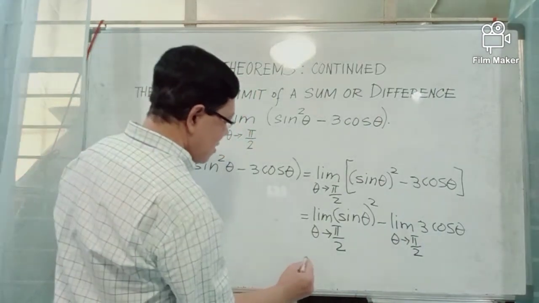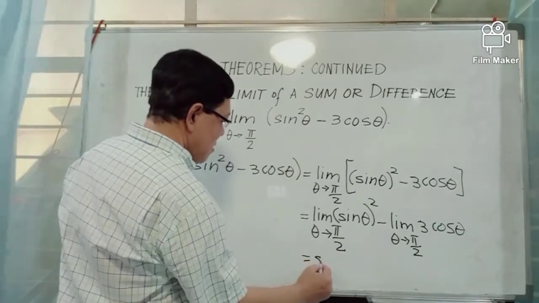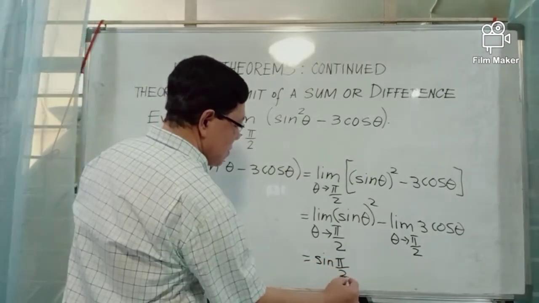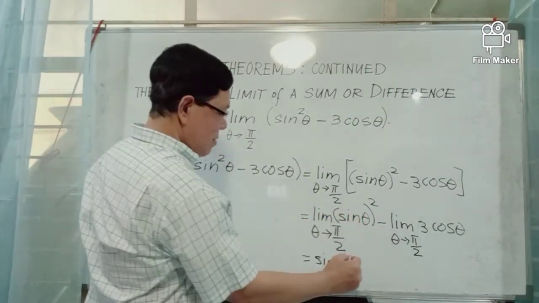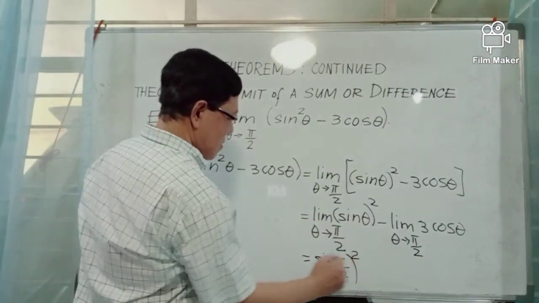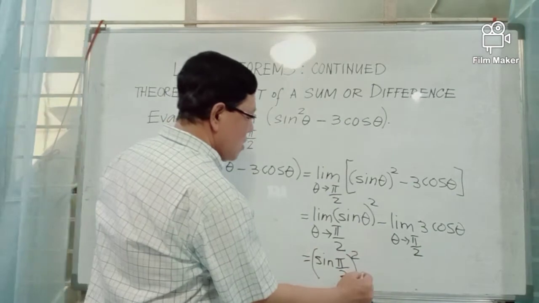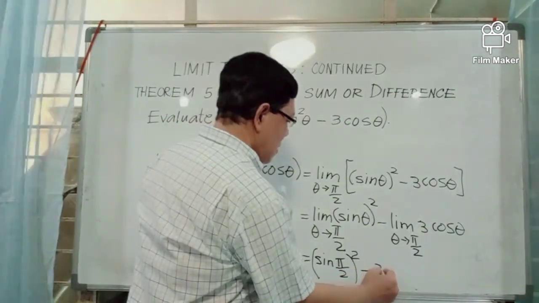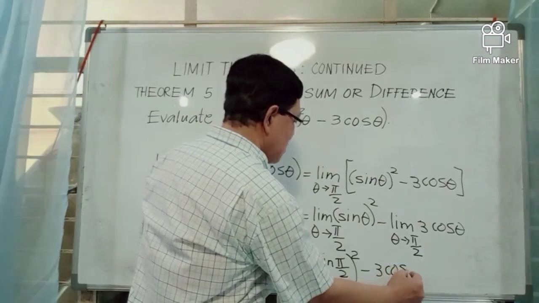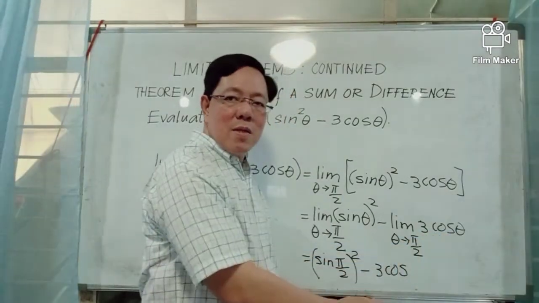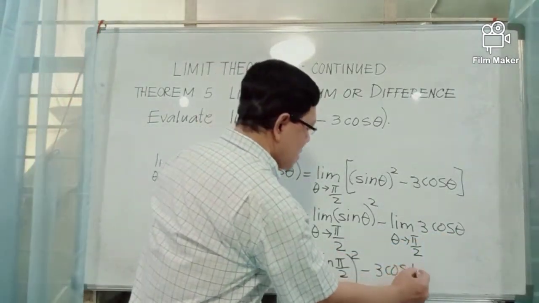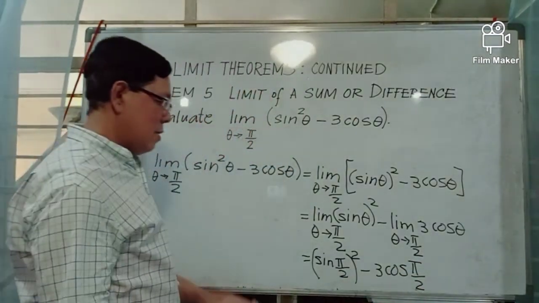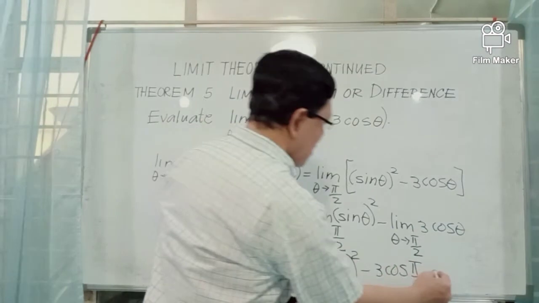And we get sine pi over 2 squared minus 3 times cosine pi over 2.